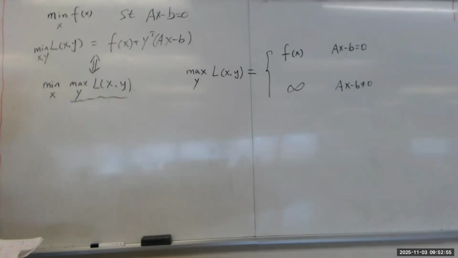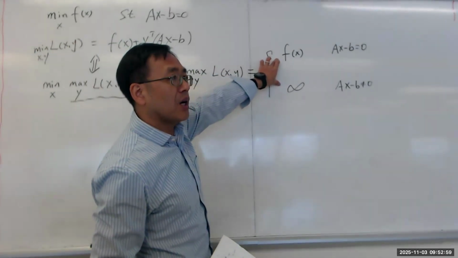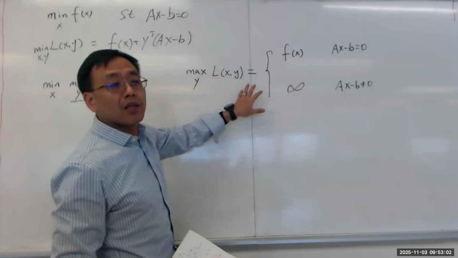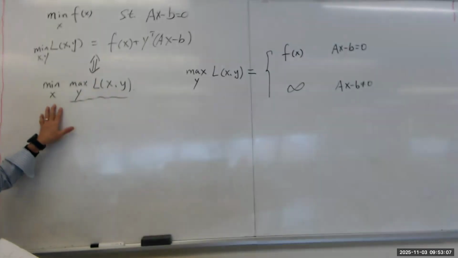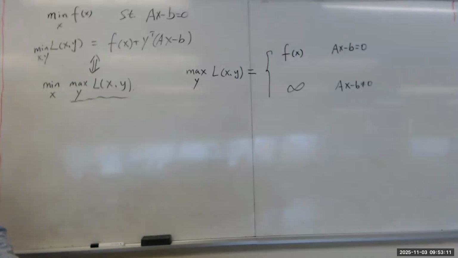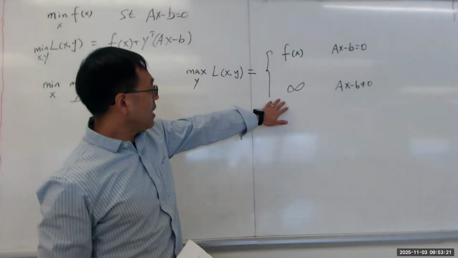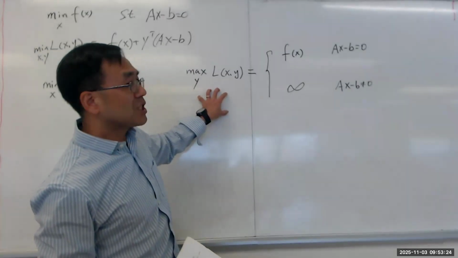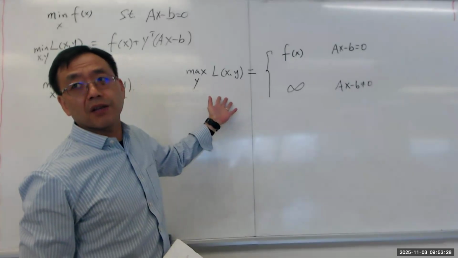Now, this is a function we try to minimize, because this is the maximization of this guy. If we want to minimize this function with respect to x, what is the equivalent problem? If Ax minus b does not equal 0, then minimizing this function is still going to be infinity, right?